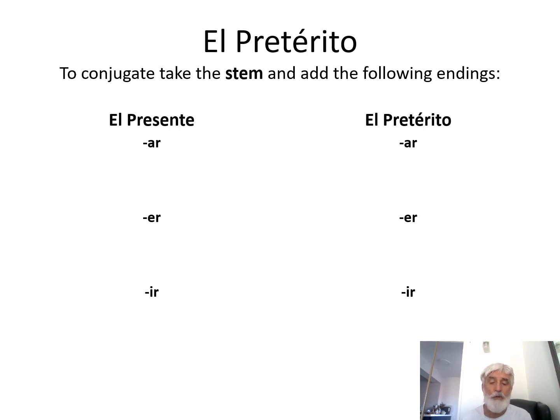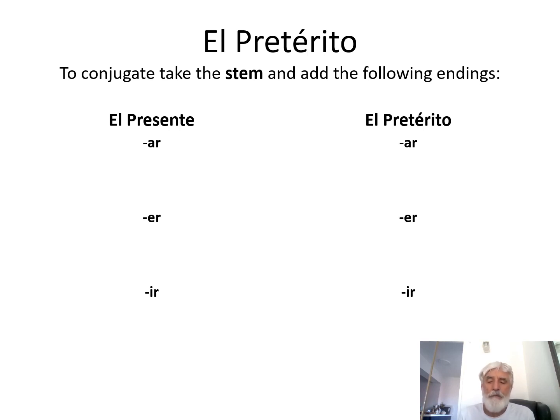We get the stem by dropping the AR, ER, IR ending. And when we're conjugating in the present tense, we want to get the stem. And then we know that each subject pronoun has a special ending that goes with it, and we learned those last semester.